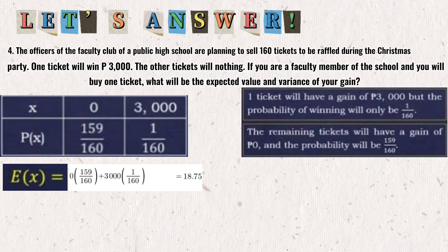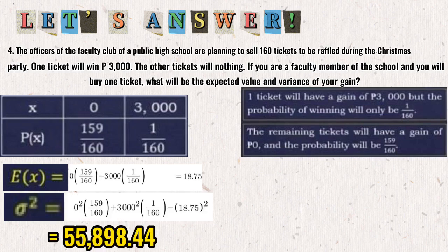We still have to find the variance of your gain. For the variance, we square the value of the random variable: 0 squared times 159 over 160 plus 3000 squared times 1 over 160. Then we subtract the square of the mean, which is 18.75.